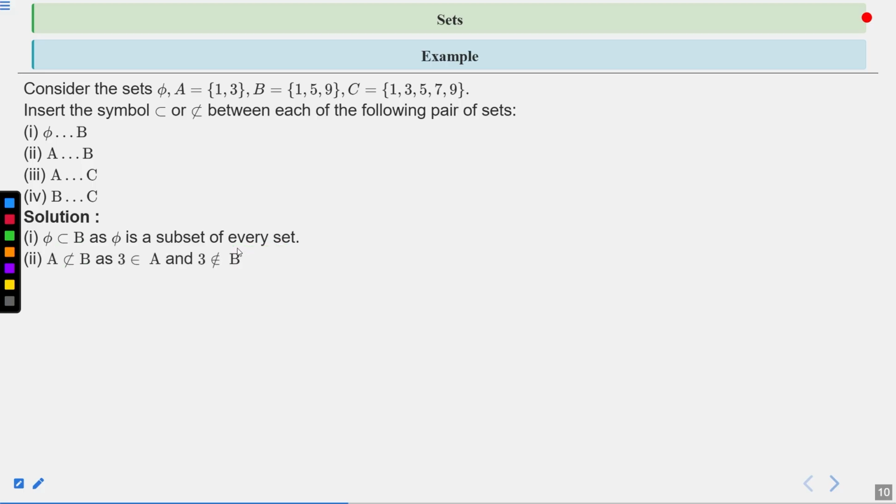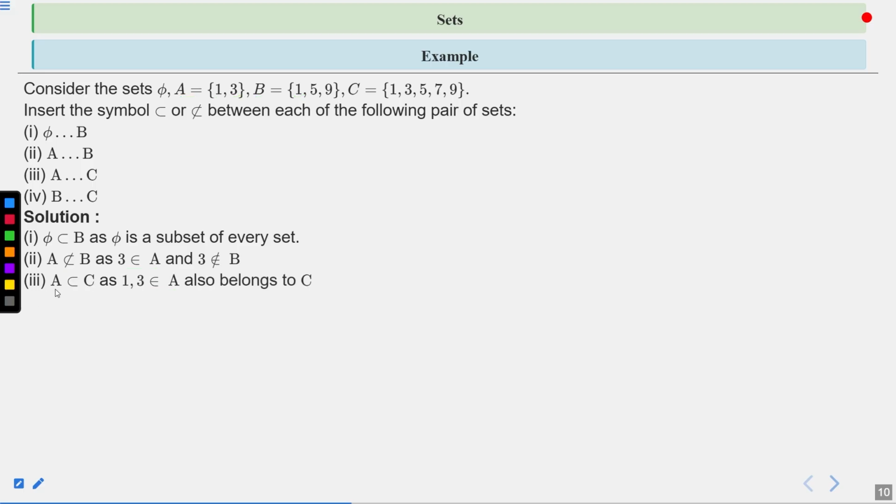For the second, A is not a subset of B. Why? Very simple. In order to be a subset, we require that every element of set A must be in set B. Here you see 1 belongs to both sets, while 3 belongs to set A but not to set B. So A is not a subset of B.